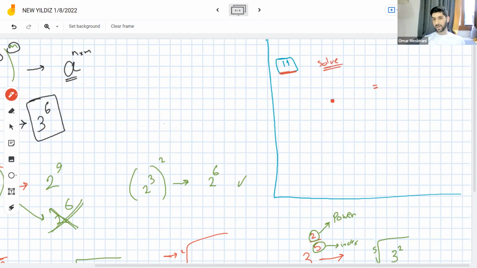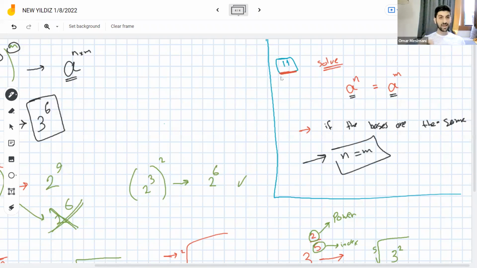So now I have an equation, rule number 11. They said if I have a to the power n equals a to the power m, it means this: if the bases are the same, the base is a and the base is a, then the powers have to be the same.